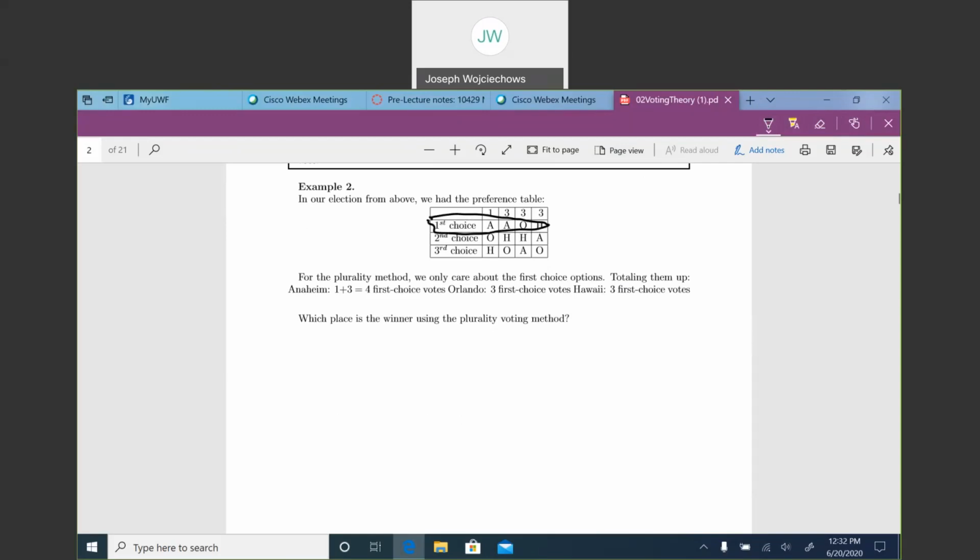What we want to do is figure out who has the most first place votes. So we have Anaheim, which has this 1 here and this 3 here, which is 4. Then we have Orlando, which has this 3 here. And then we have Hawaii, which has this 3 here. So in this case, Anaheim would be the winner by the plurality method.